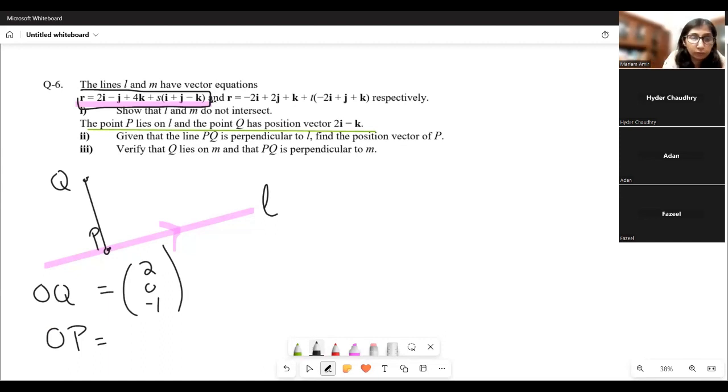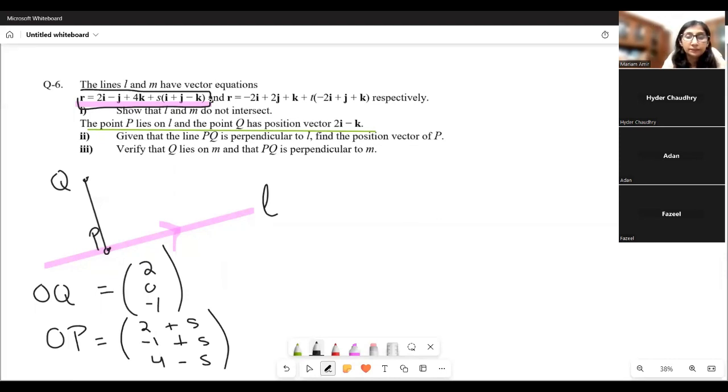So OP is going to be 2 plus S, minus 1 plus S, and 4 minus S. Let me confirm.